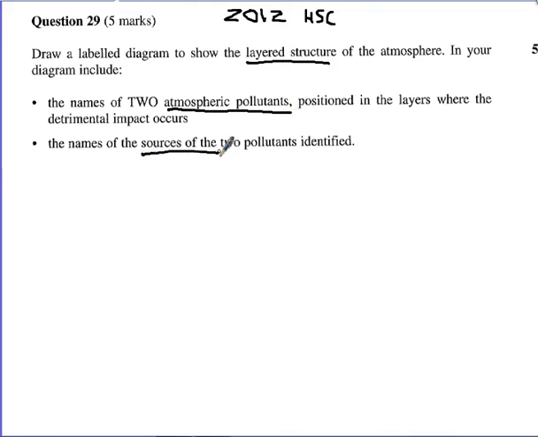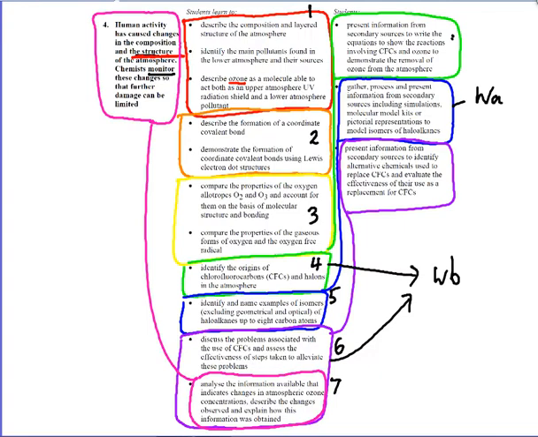So this question from the HSC was actually covering this section here, describing the structure of the atmosphere, because they had to draw a picture, and also what the pollutants in the atmosphere are. So that's an example of how one question in the HSC can cover 2 different dot points. For our assessment, that would have been considering the one big idea, but that's an example of a question that has been asked on CFCs in the past.